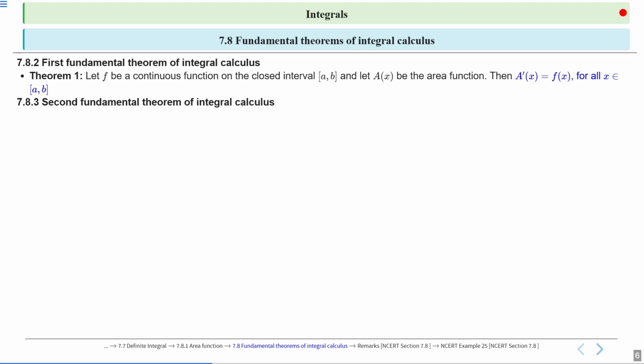That is your statement. So the first keyword is continuous function. So what is continuous function? It says f be a continuous function on the closed interval [a, b].